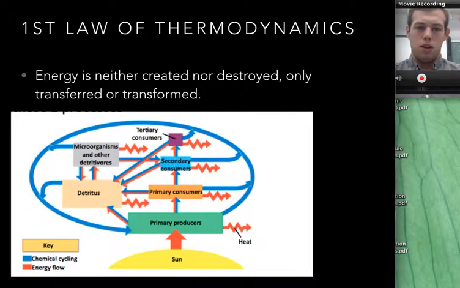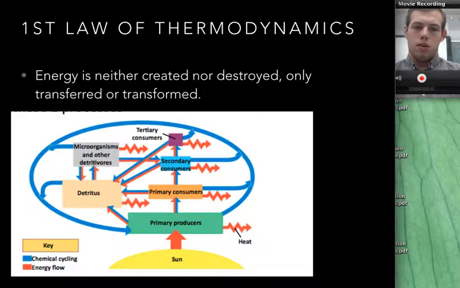It's only going to be changing forms, and it's only going to be transferring from one organism or one trophic level to another. So that's what we're going to be talking about today, how that happens and how this works, and look at some examples and talk a little bit about how this works in a trophic structure.